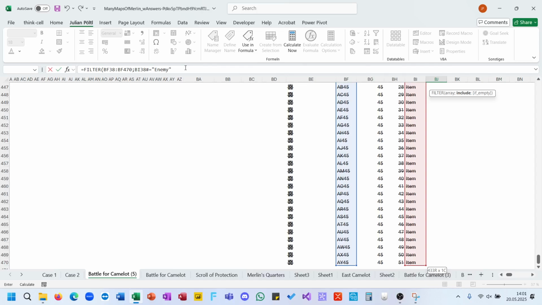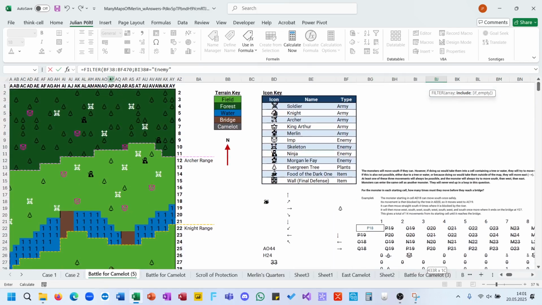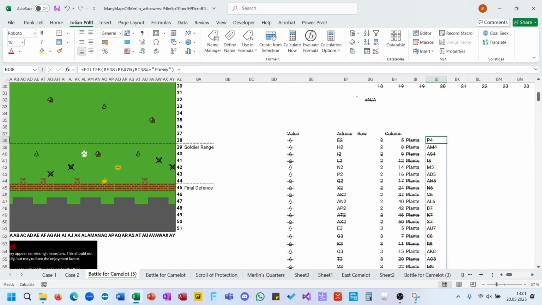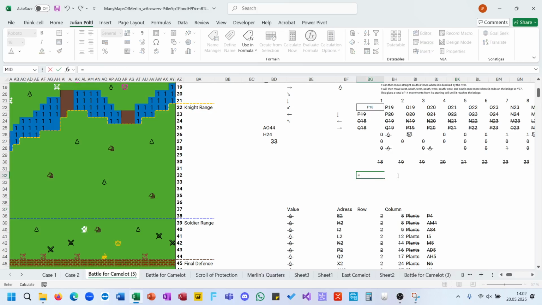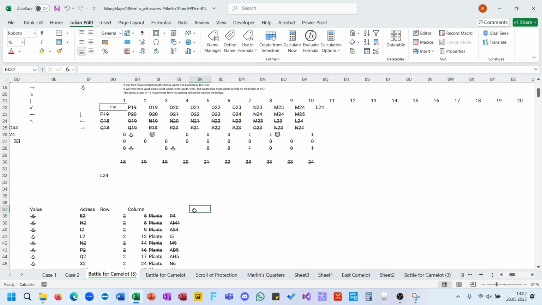Enemy is no. Is this written? Enemy. Yeah, it's written right. We have all the cells. And then I need to know where they are after 10 movements. That is what I understood.